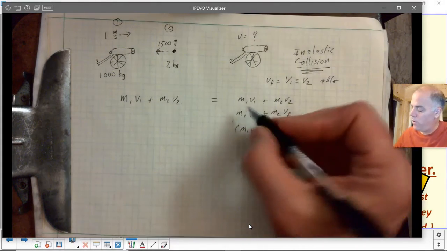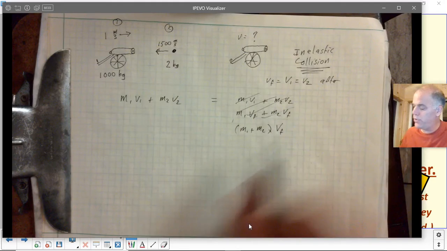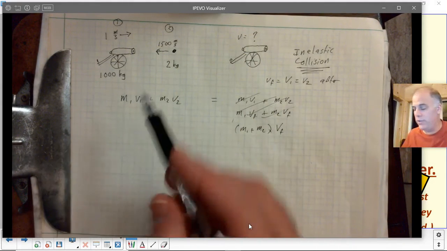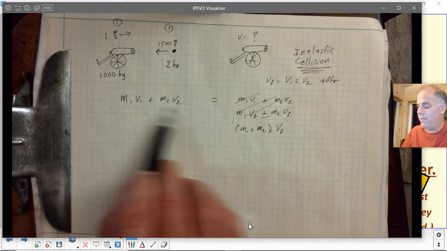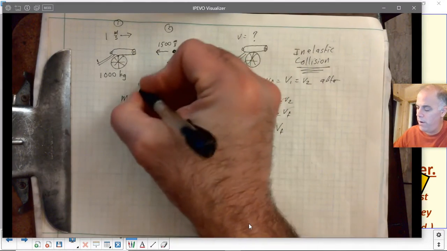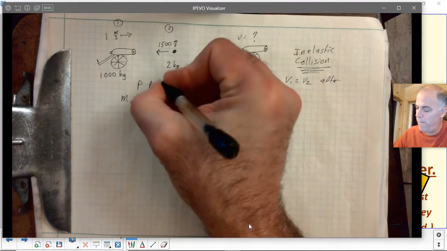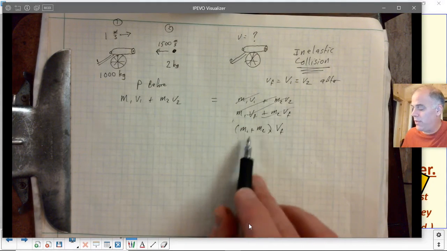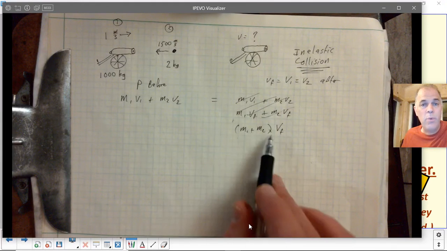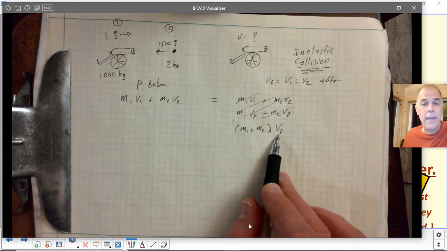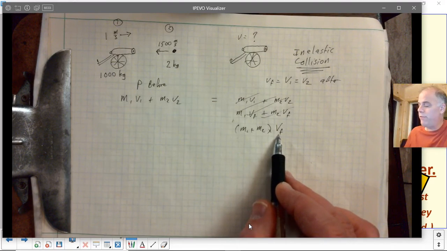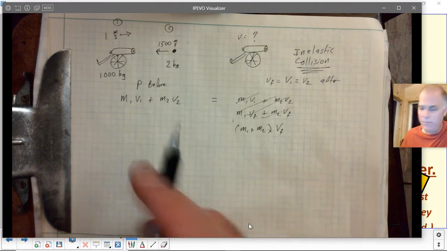This is just derivation. The equation you use for inelastic collisions is the same on the left, because this is still the momentum before, P before. But the term on the right for inelastic is the total mass, m1 plus m2, times however fast the whole thing is going, the final speed of the lump, if you will.